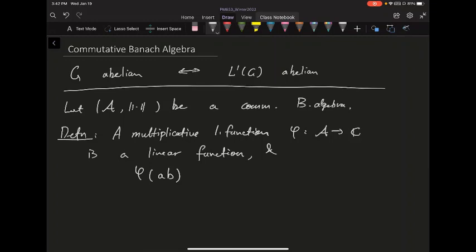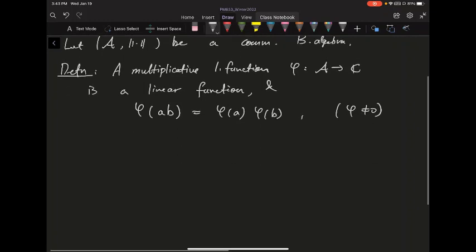You can talk about phi evaluated on the product. Being multiplicative means it respects this multiplication, so phi of ab is equal to phi of a times phi of b. And we usually assume that phi is non-zero. Of course, if phi is zero, it's clearly multiplicative, but let's just ignore that case.